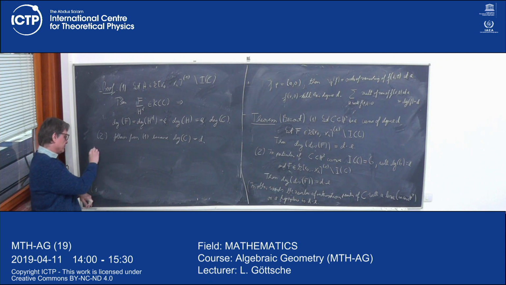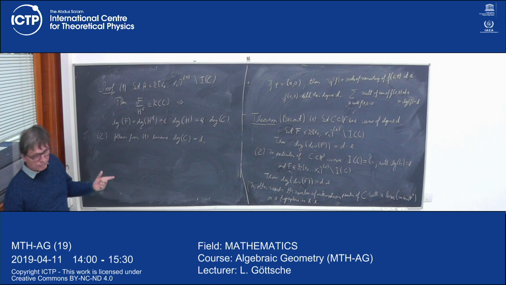So you have to define what the intersection multiplicity at a point is. You can again assume that your point lies in A2 by making a chart, and you have then the two equations.